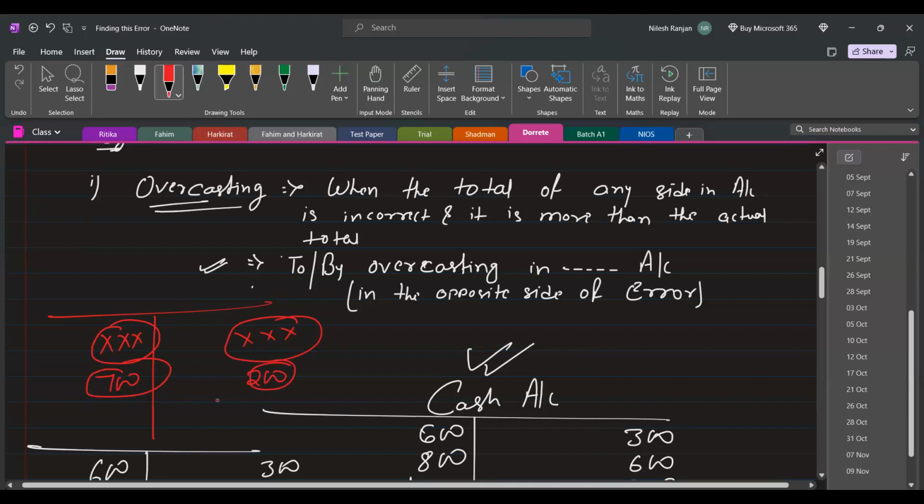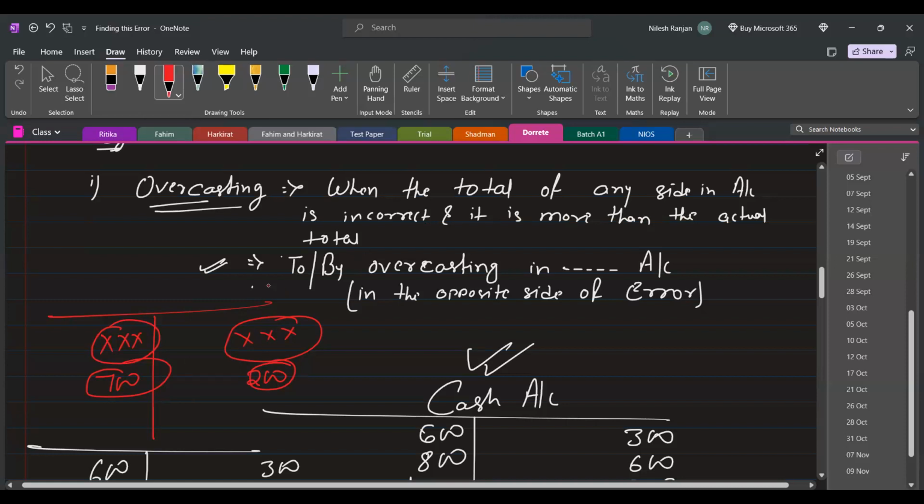So that's why, if you can see here, when the total of any side in an account is incorrect and it is more than the actual total, we have written more than the actual amount. To correct this, we have to write on the opposite side of the error.